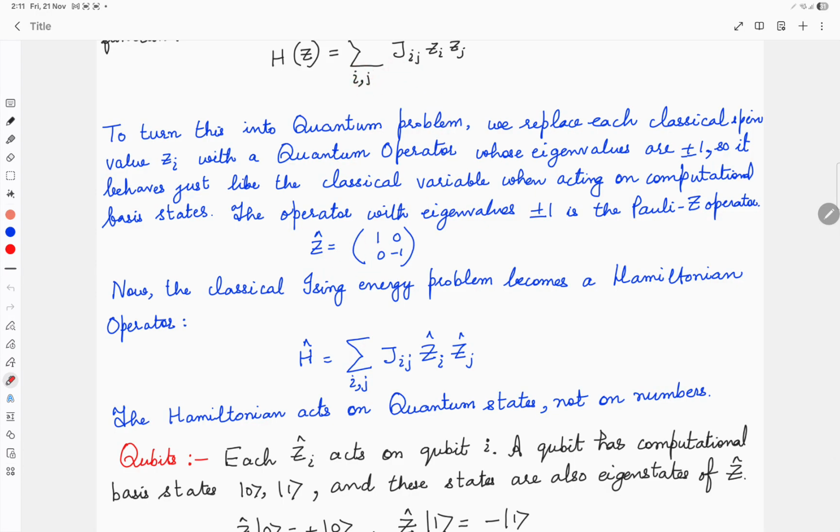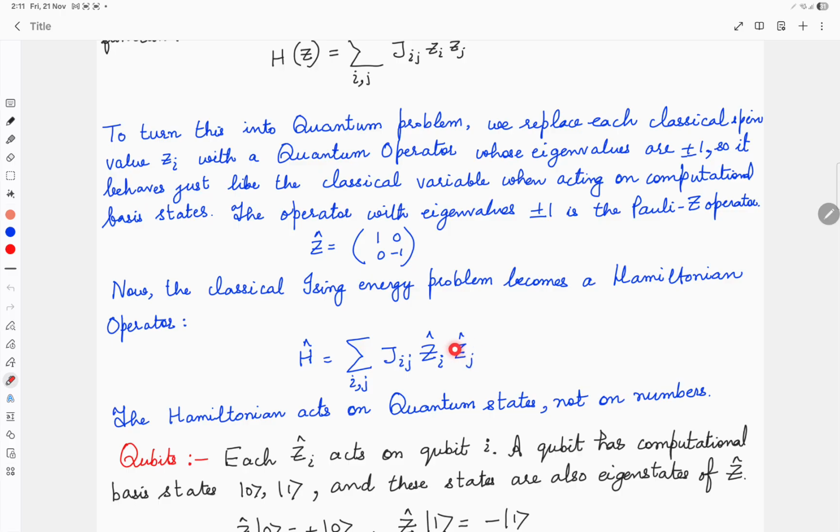So how will the Ising Hamiltonian change? It will change like this, because now we are adding the quantum formulation into our MaxCut problem. Now the classical Ising energy problem becomes a Hamiltonian operator.